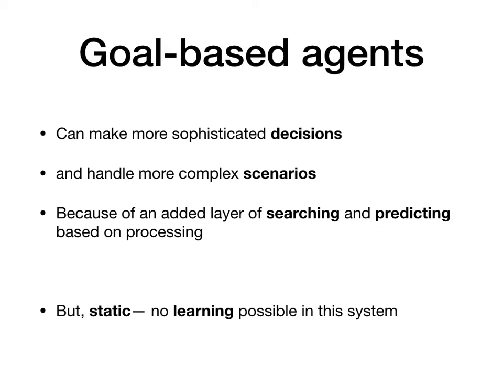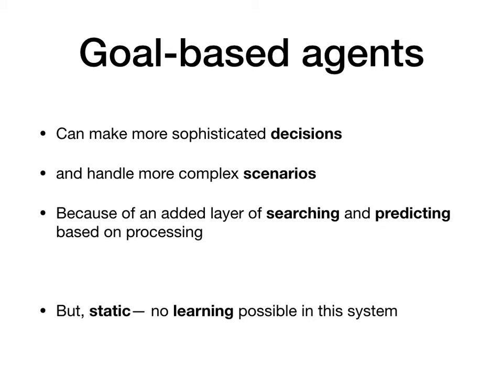So a goal-based agent is capable of that. And the reason it's able to do that is it has this searching capability, this predicting capability. It has these two options for trying to figure out what to do in the world. Those are related, actually. So searching possible spaces, but also predicting those spaces in the first place, right?